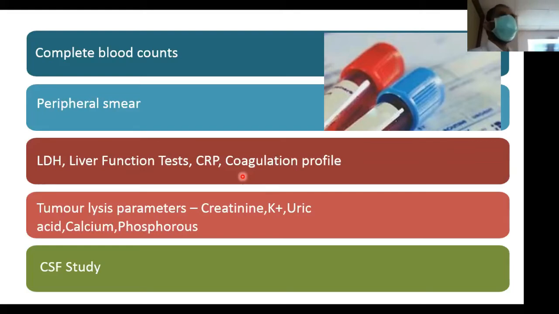I'm specifically looking at whether there is any tumor lysis or not. It could be spontaneous, without any treatment, or secondary to steroids. Because if a first patient with fever and pain has been given steroids by somebody, I can expect tumor lysis now.